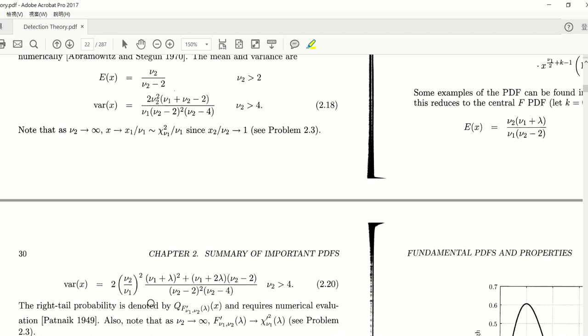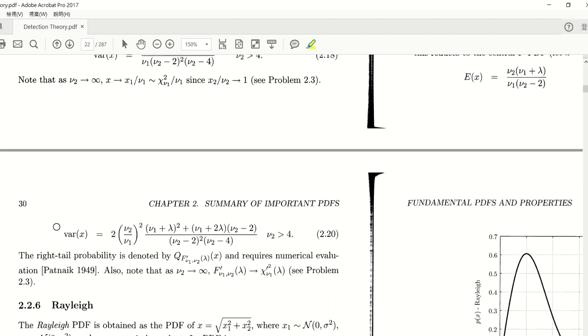And the variance of x equals 2 V2 over V1 squared, and everything is defined: V2, V1, and lambda. It's a bit complicated but reasonable, understandable. And for V2 larger than 4, it will be something like this.